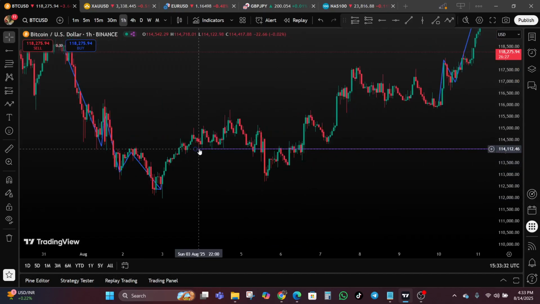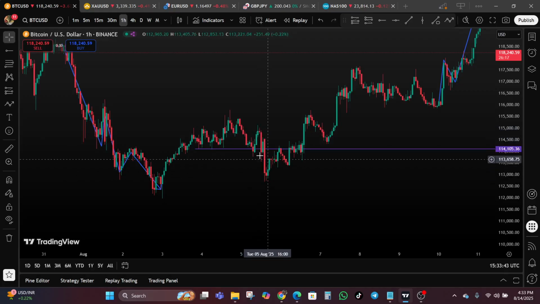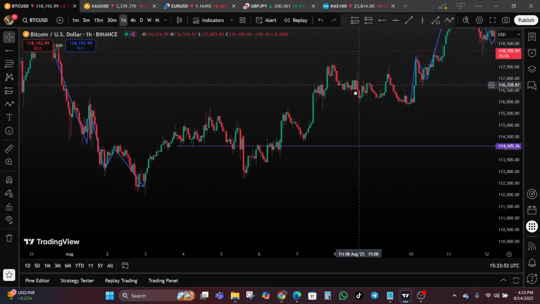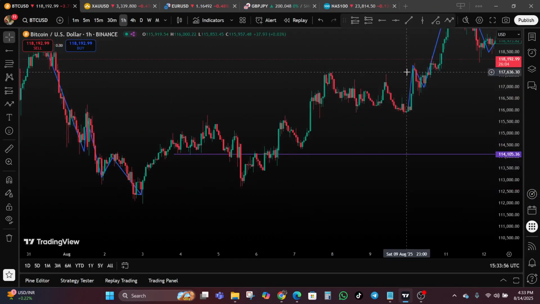We can see how price was initially respecting this support level. You can see rejection here, here, here, and even here briefly. And then you can see how price dropped below it. Those that might have entered a buy trade here would have gotten stopped out. So you can see how there was a liquidity sweep around here before price continued back in the original direction that it intended to go, which is the bullish direction.